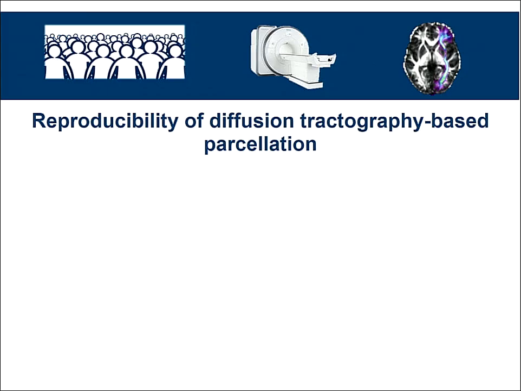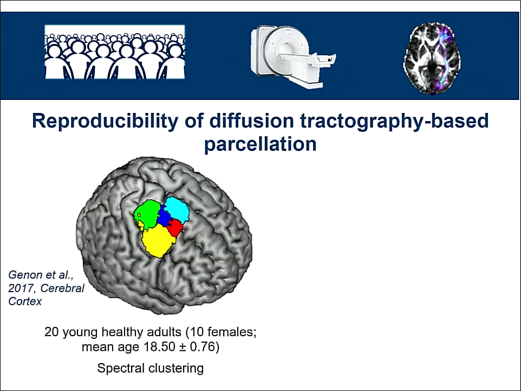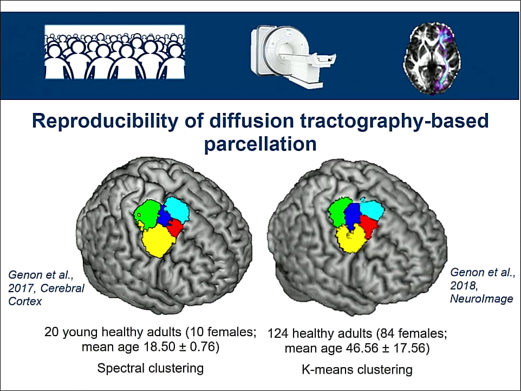And one way to look at that, what several studies have done, is that they have looked at the reproducibility of the pattern that we get out of the parcellation based on structural data, but also based on different types of data. For example, this is what we did. We first performed tractography-based parcellation of the right dorsal premotor cortex in 20 healthy young subjects with a spectral clustering, and then later we reran the same tractography approach in 124 healthy subjects from the NKI data with a k-means clustering.